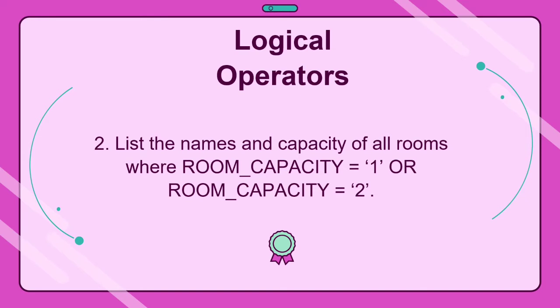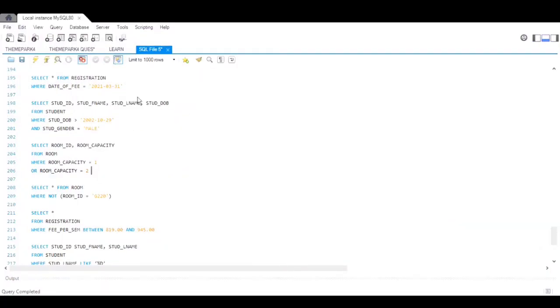Question 2. List the names and the capacity of all rooms where room capacity is equal to 1 or room capacity is equal to 2. Okay, for this question, we need room ID and room capacity. So we select room ID and room capacity from, of course, the room table.